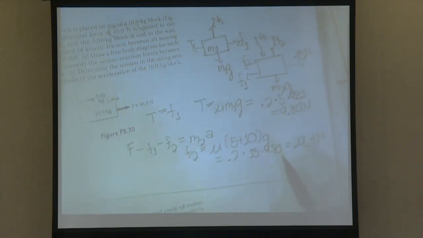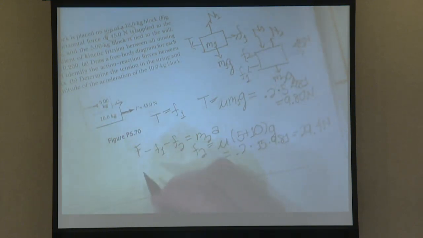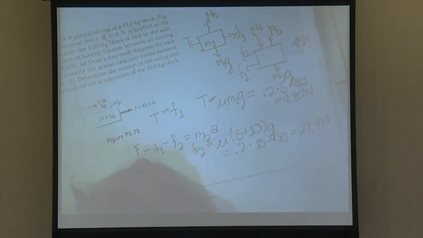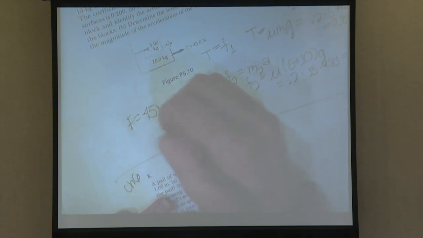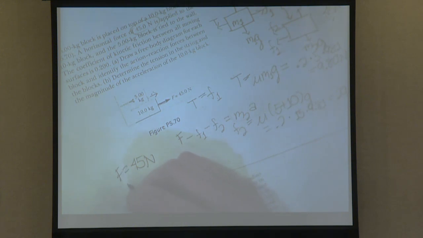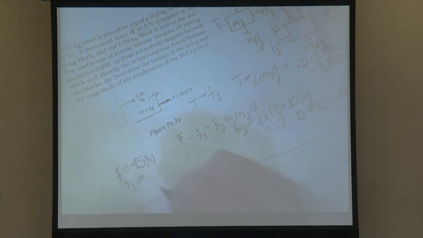Okay, and then when we plug all this back into the formula, we have F equals 45 newtons. That's the horizontal force they give us. Then we already solved for F1, which is 9.8 newtons, and we just solved for F2, which is 29.4.